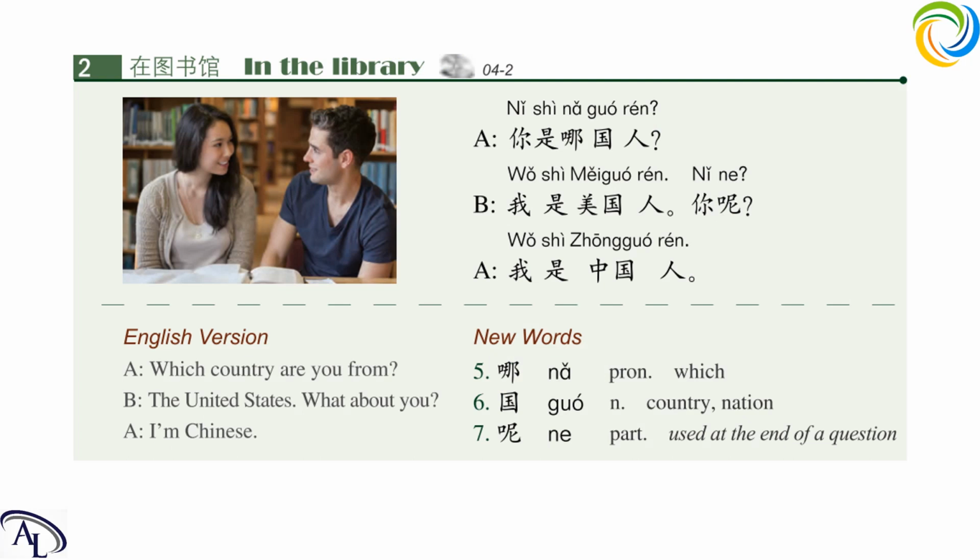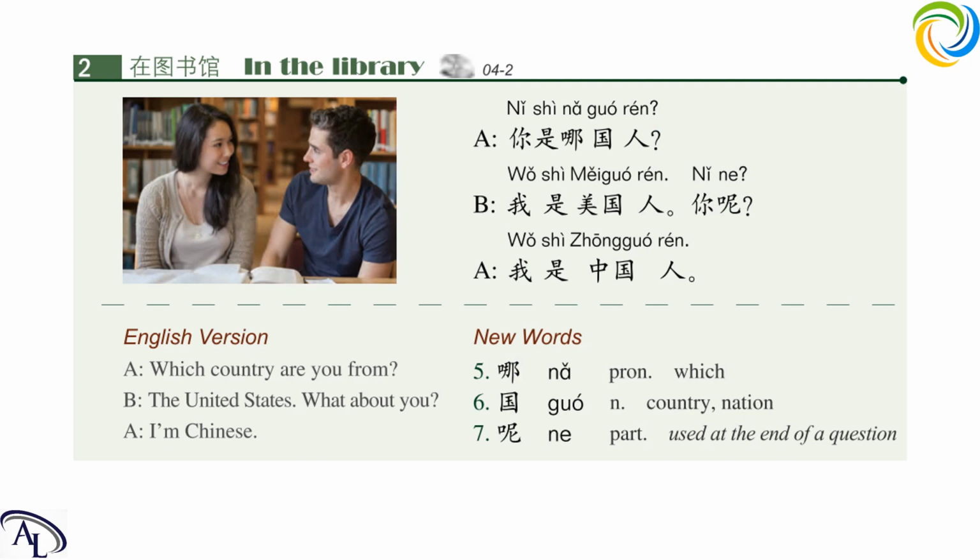Okay, 哪国 means which country. Now try to say which country's person. We learned how to say human and person before. So it is 哪国人. 哪国人 means which country's person.